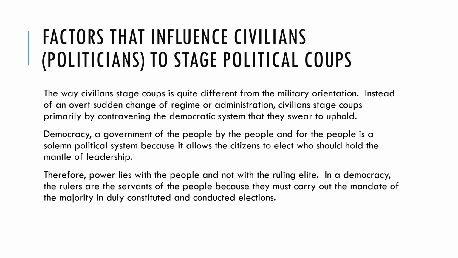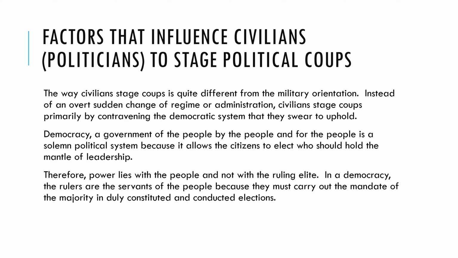The way civilians stage coups is quite different from the military orientation. Instead of an overt sudden change of regime or administration, civilians stage coups primarily by contravening the democratic system that they swear to uphold.